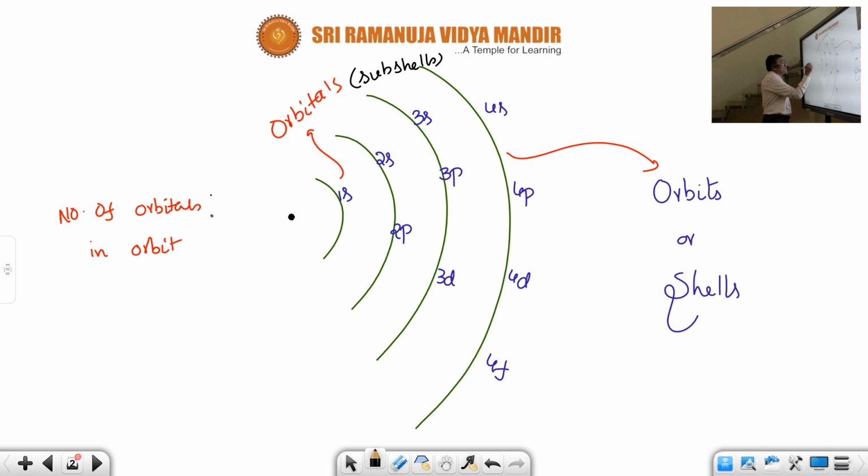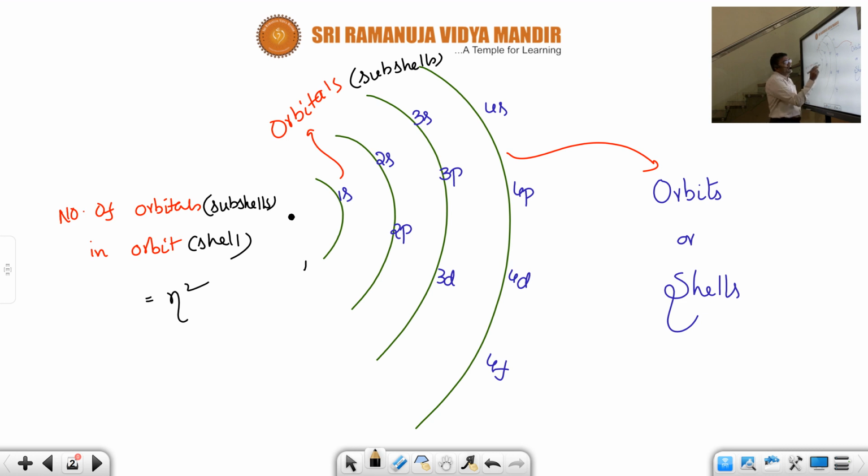You can also write the number of subshells in a shell. What is the formula? The formula is n square. That is the reason 1 square gives only 1. 1 square is 1, so you get 1 orbital here.